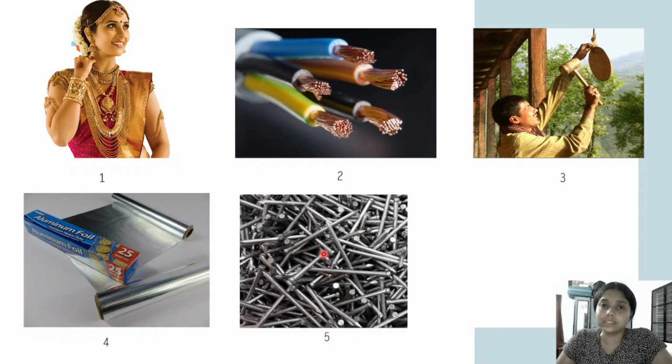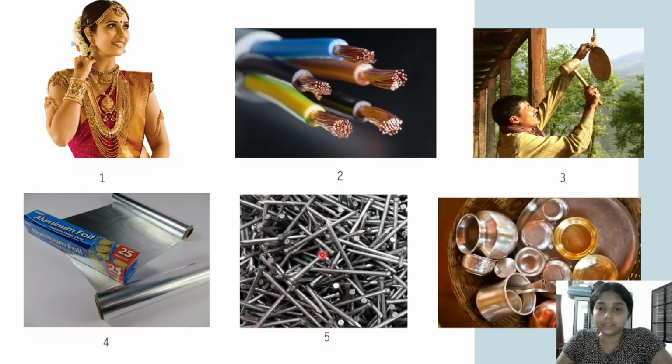So what are these? Very good. It is an iron nail. What are these? Yes, these are some utensils. These are some vessels which can be made of silver, steel, gold, and also copper.